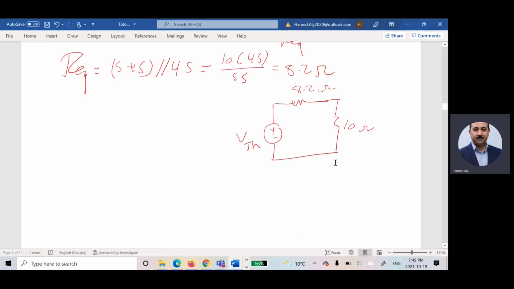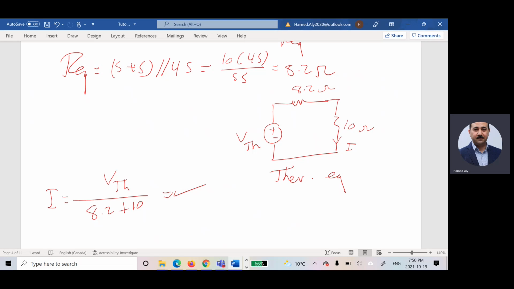So once I reach that point, I can say the current I in the Thevenin equivalent is equal to V Thevenin divided by 8.2 plus 10. You can calculate it. Any question for that problem?